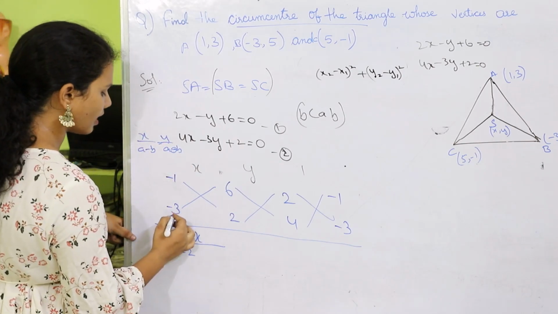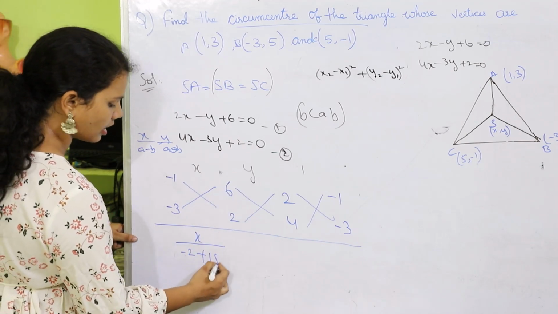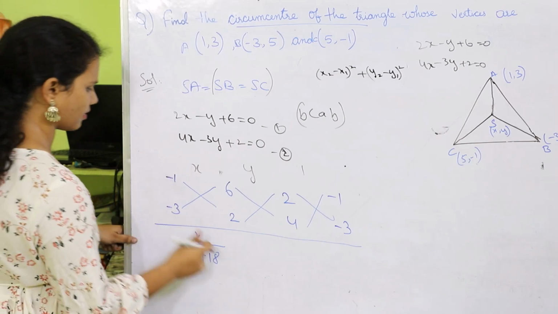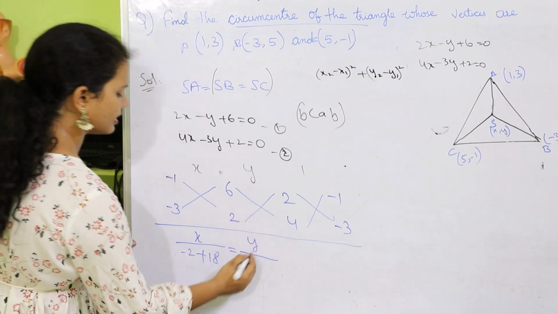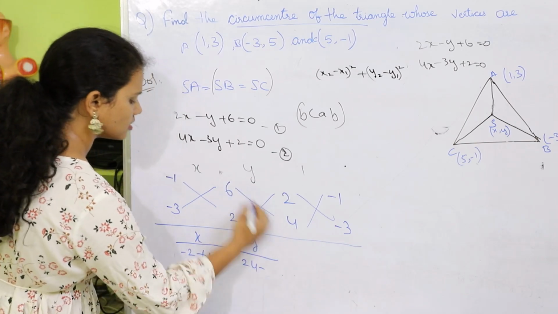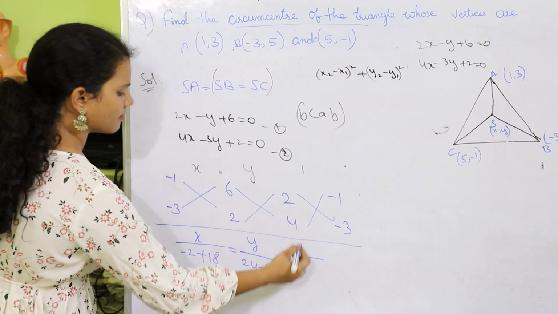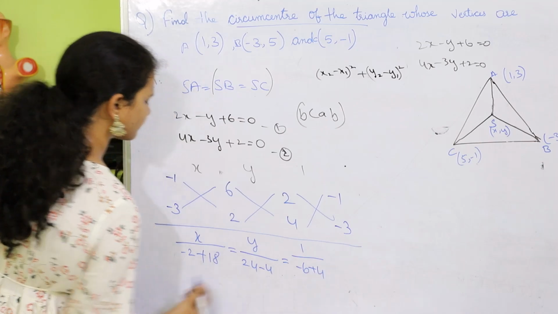So here I have minus 18, minus into minus is plus, so I would write plus 18. Clear? Are you getting it? So this is equal to y by 6 into 4, 24, 24 minus 2... this is equal to 1 by minus 6 plus 4. Clear?